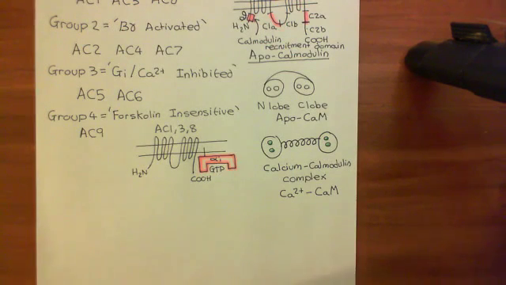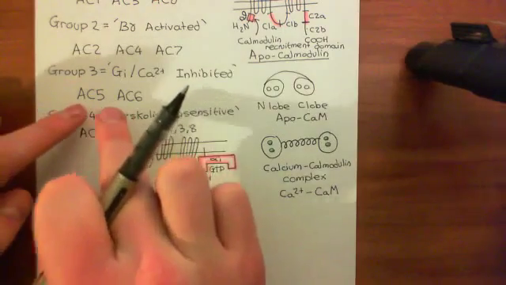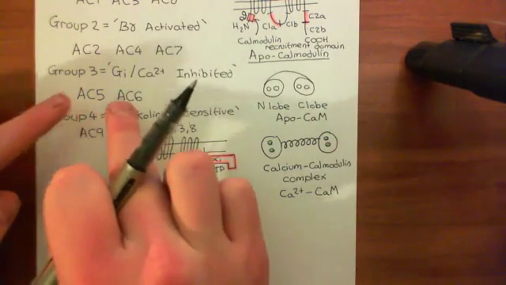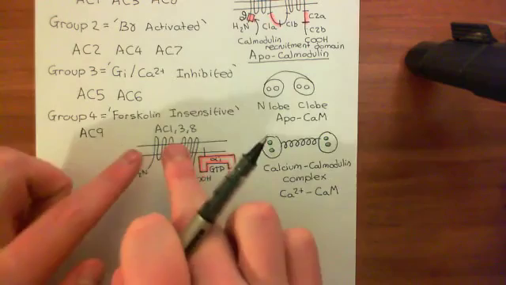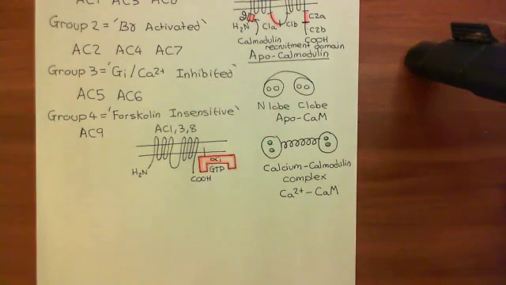Okay, so basically, overall then, these alpha I GTP subunits will inhibit adenylyl cyclase 5 and adenylyl cyclase 6, and it will stop the activation of the adenylyl cyclase 1, 3, and 8. Okay, so the point to stress is that these alpha I GTP subunits don't have effects on absolutely every single adenylyl cyclase, but they do have effects on a good majority of them.